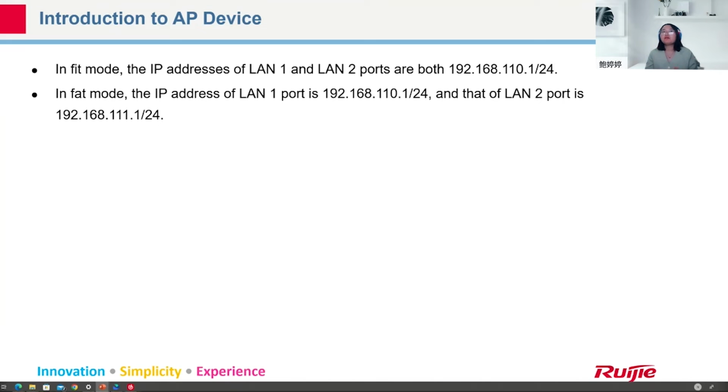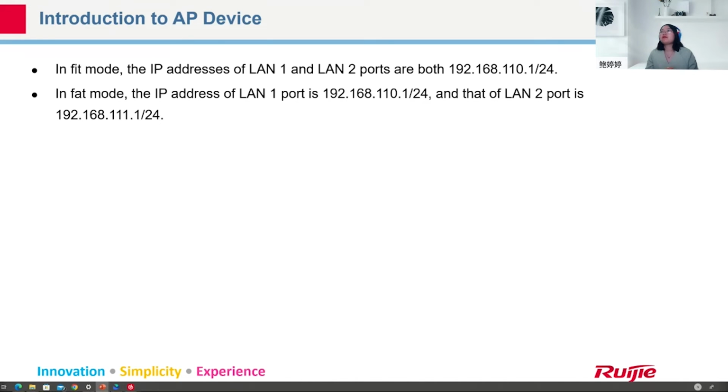And by default, in the Fit AP, the LAN 1 and LAN 2 port interfaces are both 192.168.110.1. But in the FAT AP, if the device has multiple LANs, the LAN 1 port IP address is the same as the Fit AP, but the LAN 2 IP address is different.